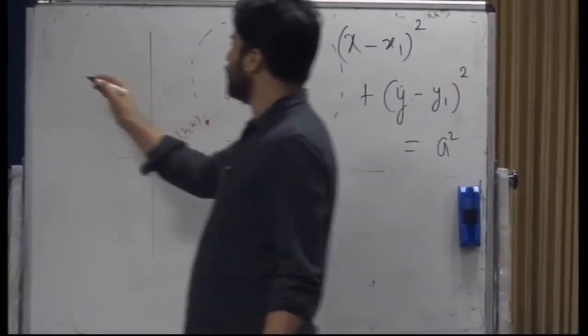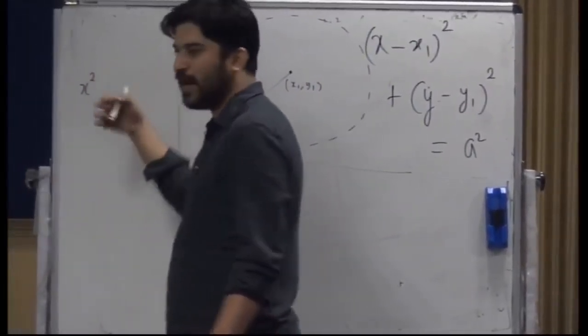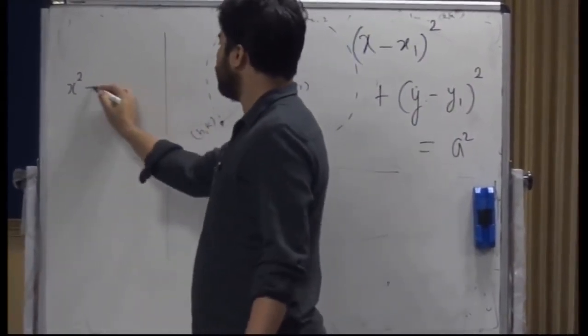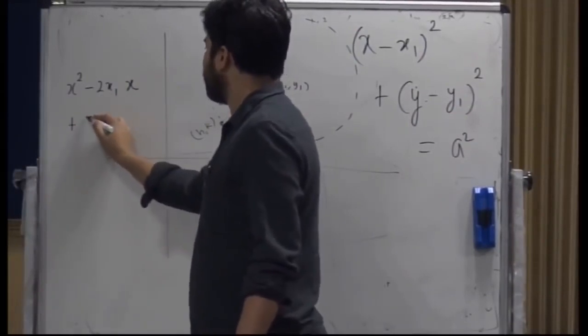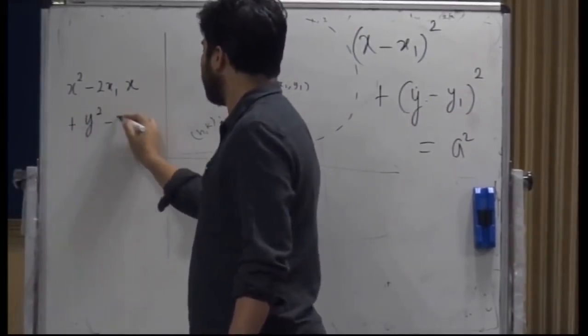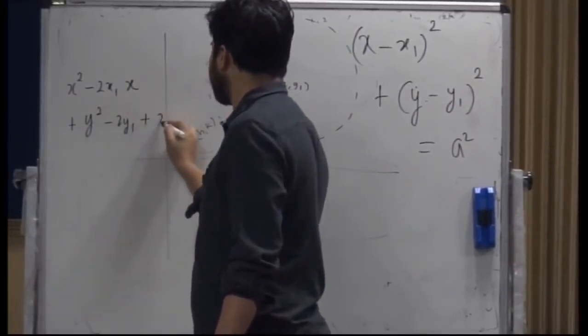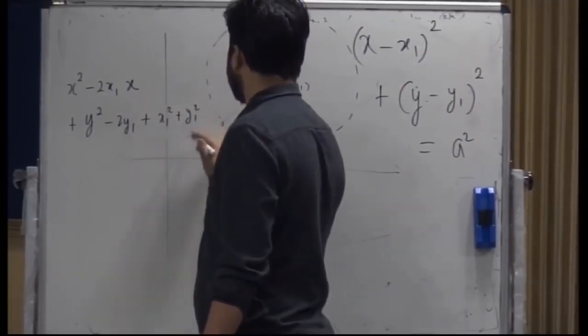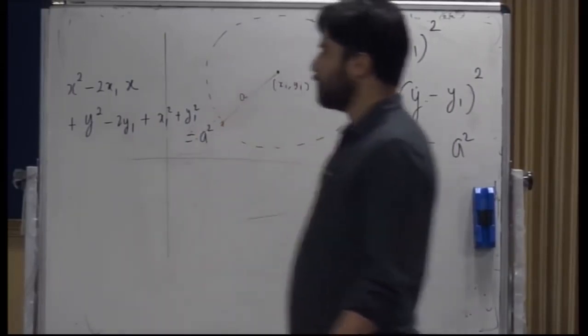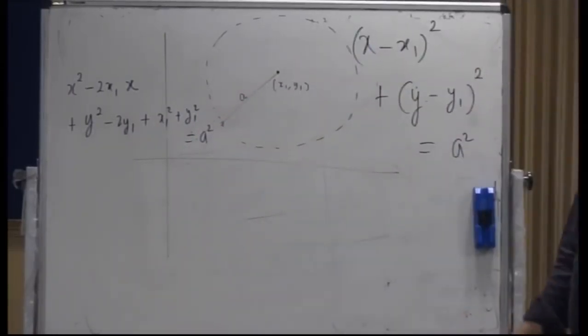If you expand it, it will become x square minus 2x1x plus y square minus 2y1y plus x1 square plus y1 square is equal to a square, right?